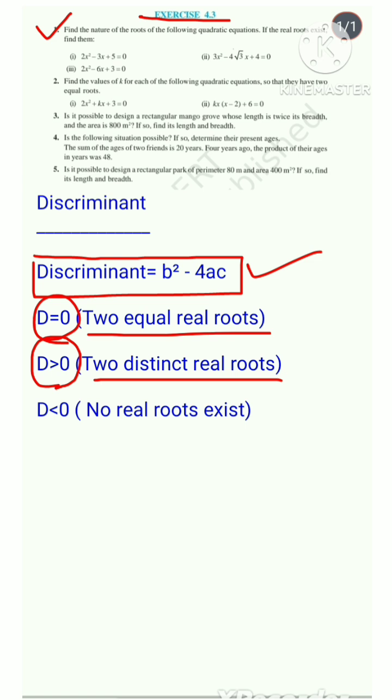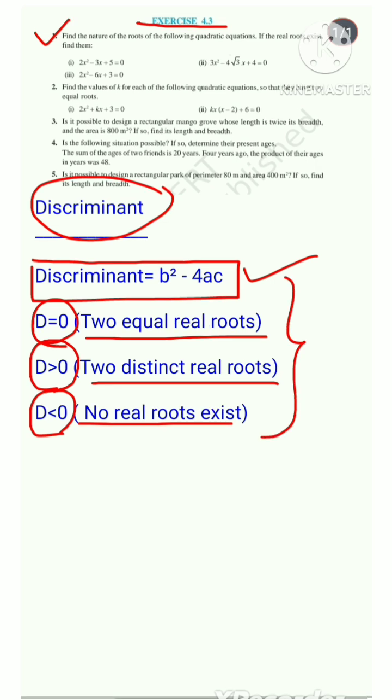Similarly, if the discriminant is less than 0, then there will be no real roots. In this way, with the help of the discriminant, we can identify the nature of roots, right? Okay, now let's go back to the given question.